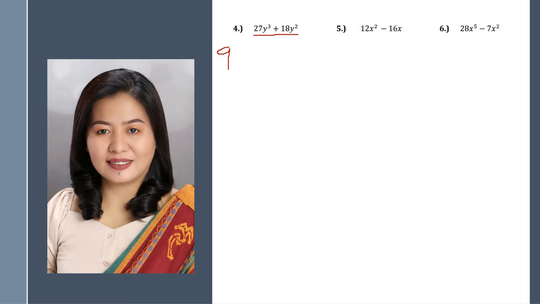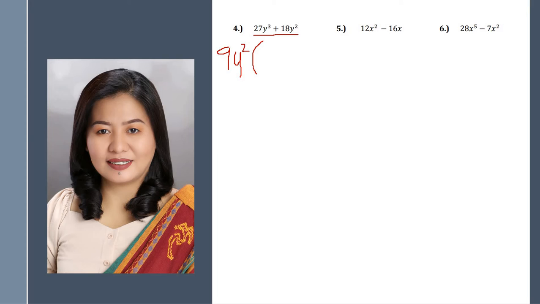And for y cubed and y squared, that would be y squared, because that is the one with the least exponent. So 27y cubed, divide it by the common factor 9y squared.